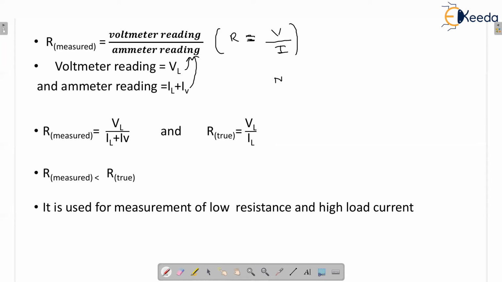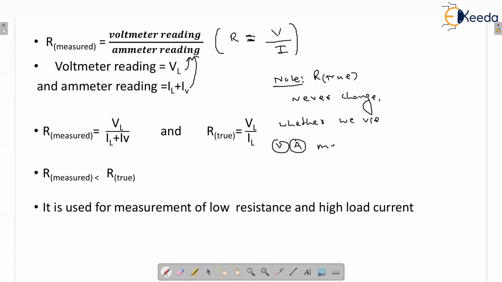Note, true power never changes, whether we use the voltmeter-ammeter method or the ammeter-voltmeter method. Please observe here.